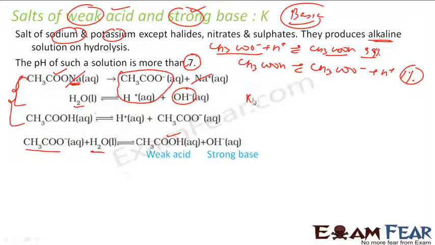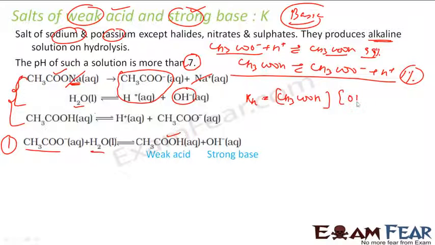Let me write the KH for this. This is my hydrolysis equation, equation number 1, let's suppose. So KH will be the concentration of CH3COOH times the concentration of OH minus, divided by the concentration of CH3COO minus. Water we can ignore, right?